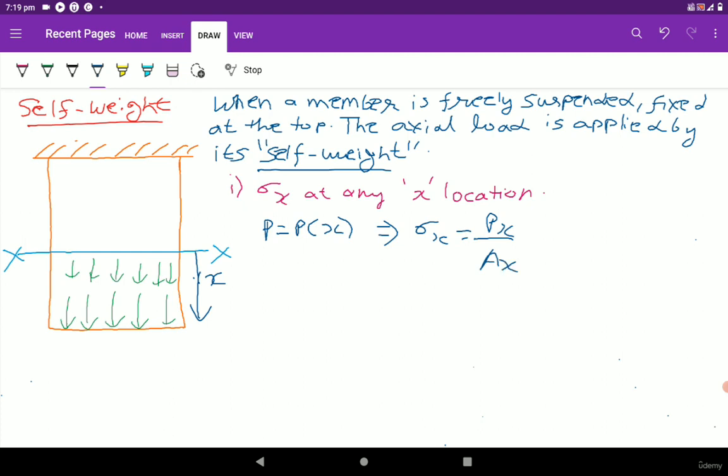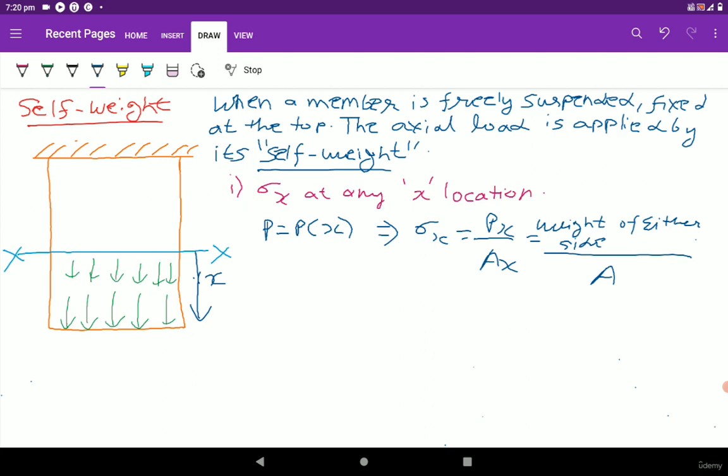We have already studied that in order to calculate the axial load, we can calculate the load at either side. So Px is the weight of either side divided by the area.